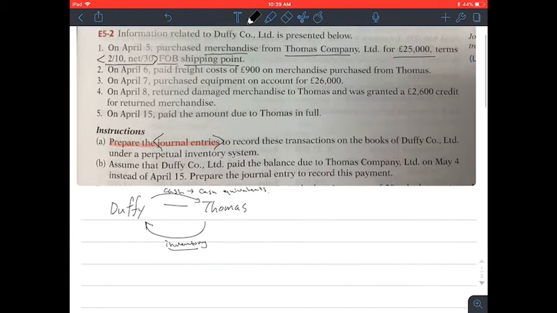So what we see here is the term 2/10 net 30.